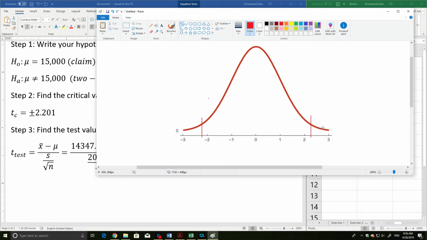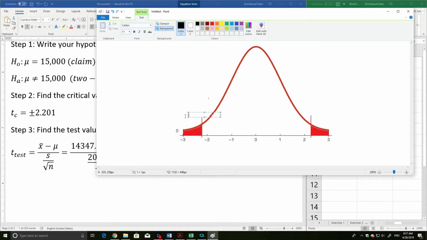And then I want to shade the two tails because it is a two-tailed test. So I'm going to do a little line here just to kind of cover that off. Do a little line here to cover that off. And then I'm going to use a paint bucket and shade it red. All right. So now we got our two-tailed here. And I need to label my critical value, so I'll label that 2.201 or negative.